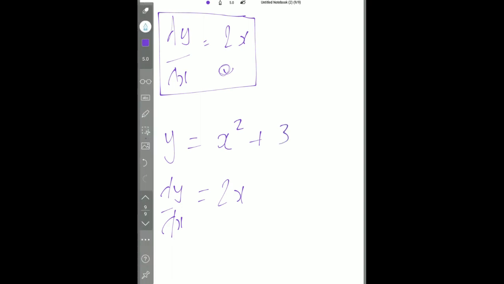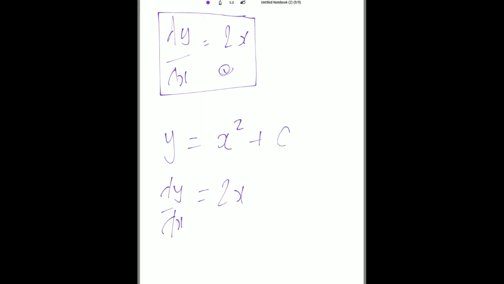So the fact is, by having y equal x squared plus any constant, where we call that constant c, we are saying that every time we integrate, we're going to be left with an extra constant. And that constant is saying this is a constant that would have disappeared when we differentiated.